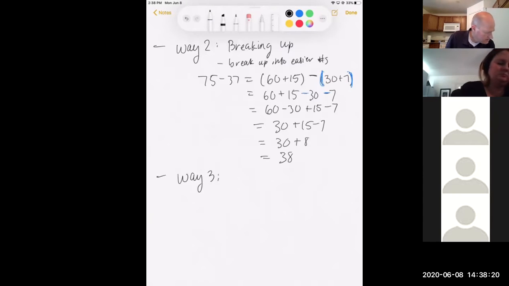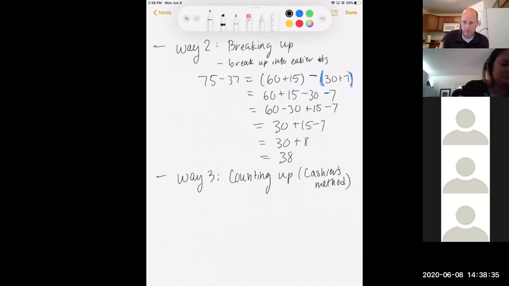Way number 3 is called counting up. Sometimes people call it the cashier's method. If you pay for something that costs $5, and you only have a 20, the cashier can start with the $5 price, count up, and hand you change in bills until the 20 is achieved.